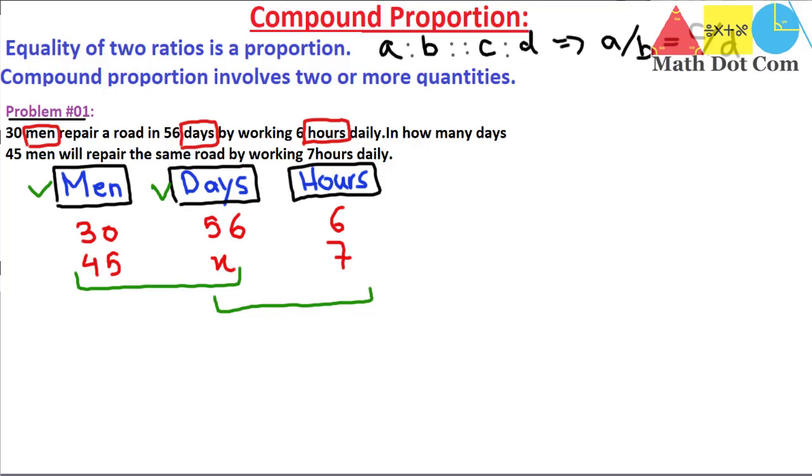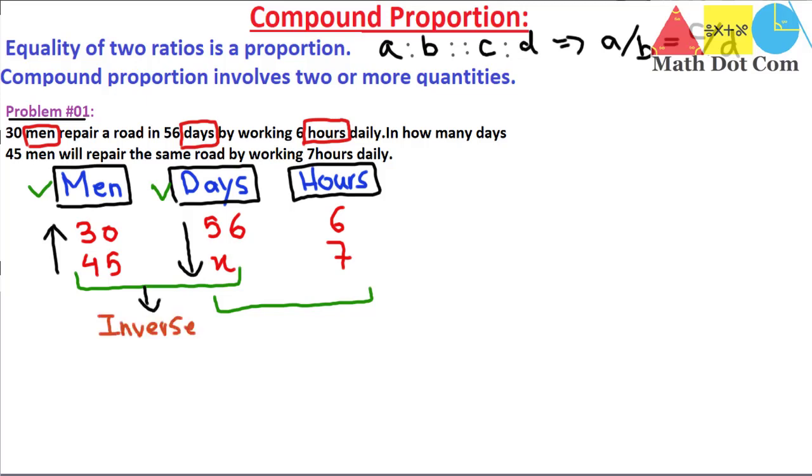It is given in the problem that the number of men has increased from 30 to 45. What will be the effect on the number of days? It is obvious that if you increase the number of men working on something, it will require fewer days to complete the work. If you increase the number of men, the number of days will decrease. That means the relation between men and days is inverse.